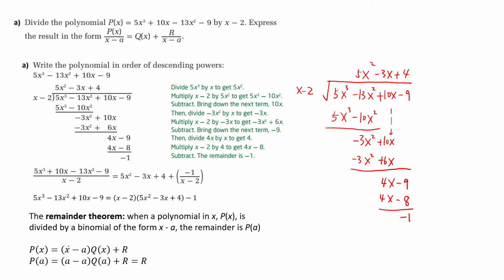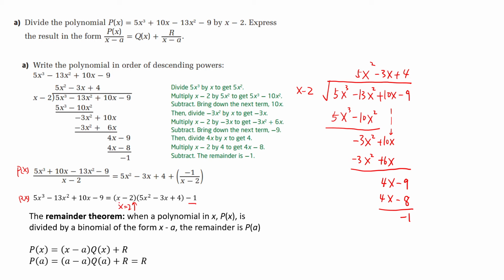For example, in this case, p(x) is equal to this, right? This is p(x), and we want to get the remainder when p(x) is divided by x − 2. As you can see, if you plug in x = 2 here, you will get the remainder.